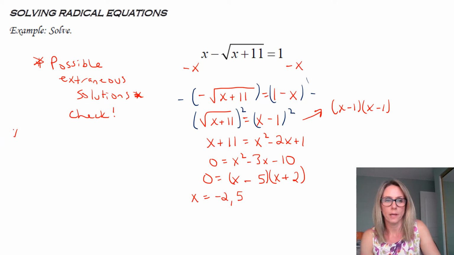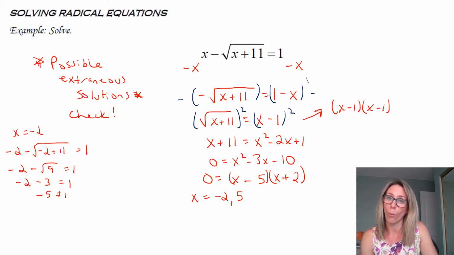So notice if x equals negative 2, if I plug that back in, I get negative 2 minus the square root of negative 2 plus 11, and I'm saying, does that equal 1? I get negative 2 minus the square root of 9, does that equal 1? Negative 2 minus 3, does that equal 1? And we see that negative 5 does not equal 1.